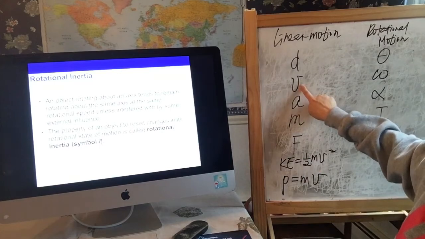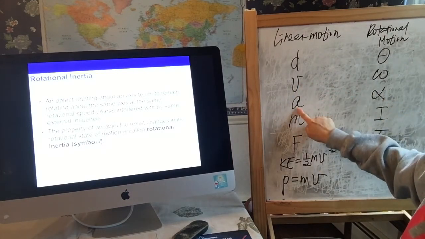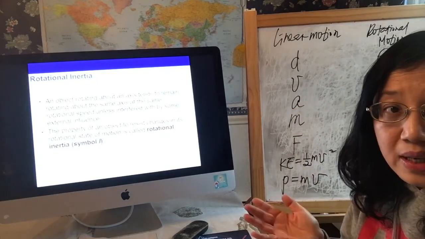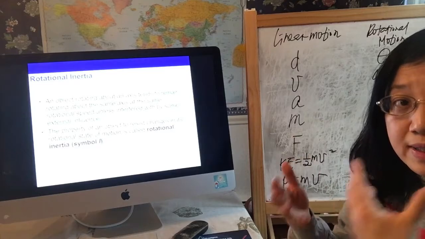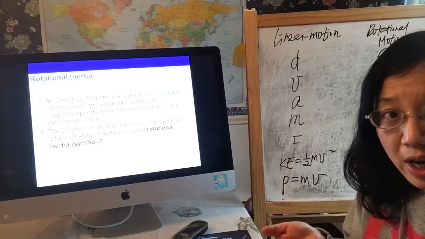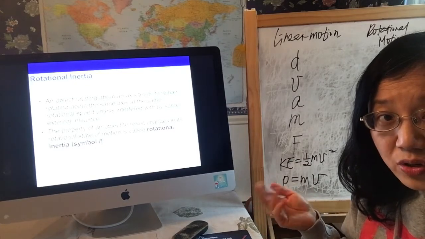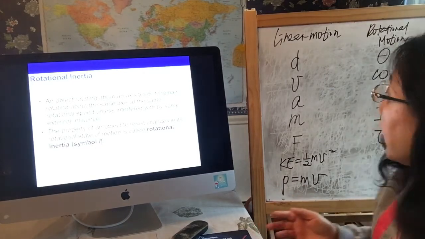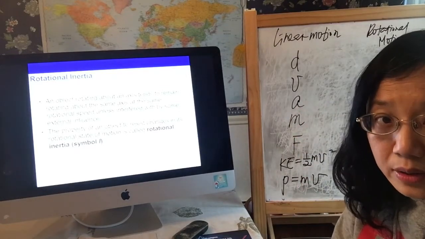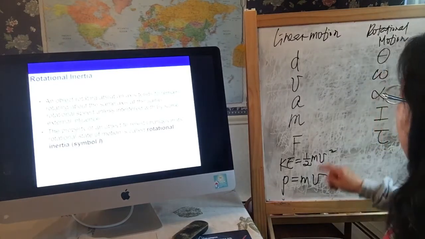We have linear speed, we have angular speed. We have acceleration, we have angular acceleration. Angular acceleration describes how the rotational speed is changing, either changing faster or changing slower. It's very similar to the concept of acceleration, which is the rate of change of velocity.